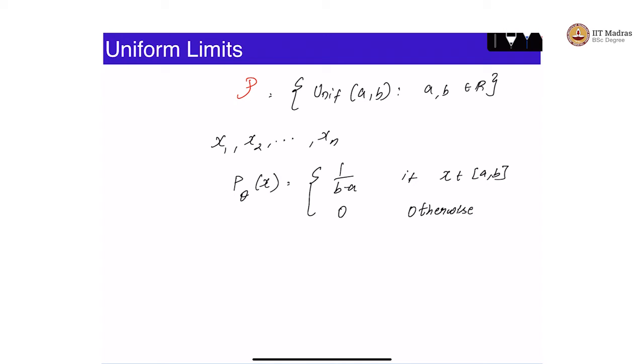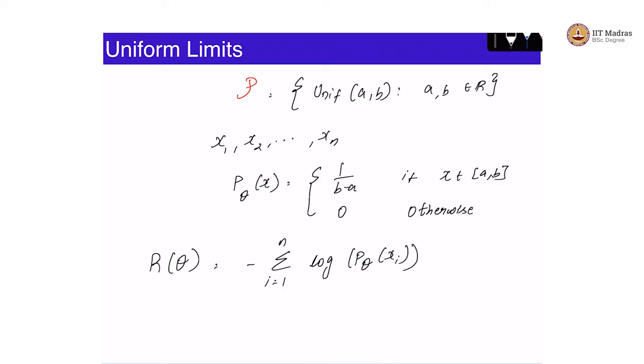Now we can get the negative log likelihood function, which is the risk of theta, as simply minus the sum over i equal to 1 to n of log of p theta of xi.